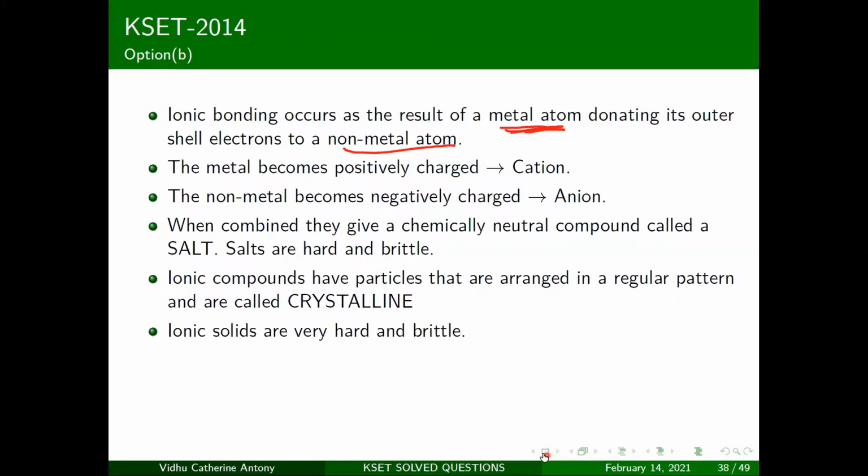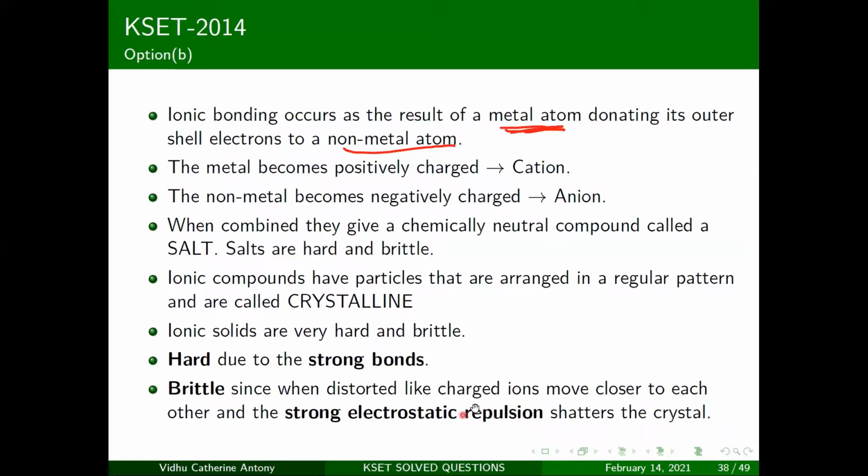Now, ionic solids are very hard and brittle. That is option B. Why is it hard? Hard is because it has strong bonds, because ionic bonds are very strong. And why is it brittle? When you have, let's say, two cations coming together, or two anions coming together, there is a very strong repulsion between them.